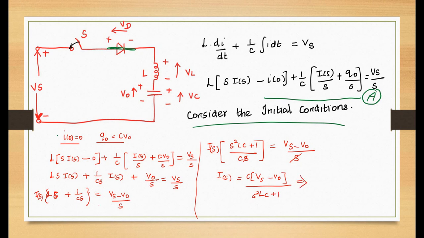And next, how to simplify this? C into (Vs minus V0), take LC outside. So inside S square plus 1 by LC. C and C get cancelled.